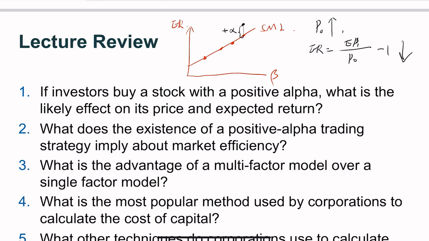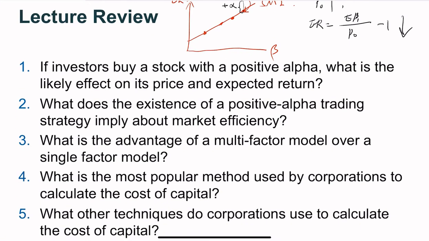So the answer here is price increases and expected return decreases. And this is the so-called competition force we discussed, right? So if this happens, the alpha will generally disappear. It will go back to this line, and the market will go back to efficiency.